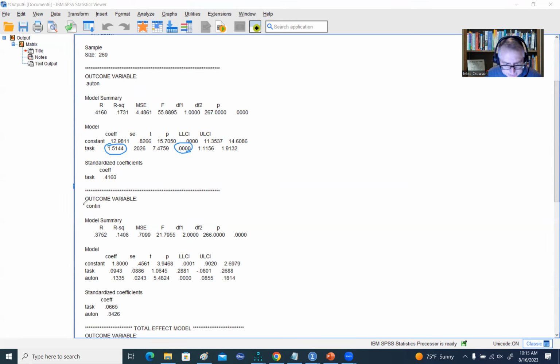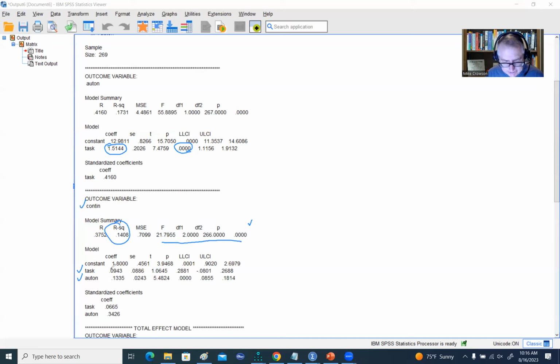Then if we go down to the next outcome variable right here, we have intention to continue. That is regressed onto both task orientation and the proposed mediator, autonomous motivation. So you have the R-square value right there and F-test for this particular model. You can see that as a set, task orientation and autonomous motivation jointly account for about 14% of the variation in intention to continue, and the variance accounted for is statistically significant as reflected by this F-test right here.